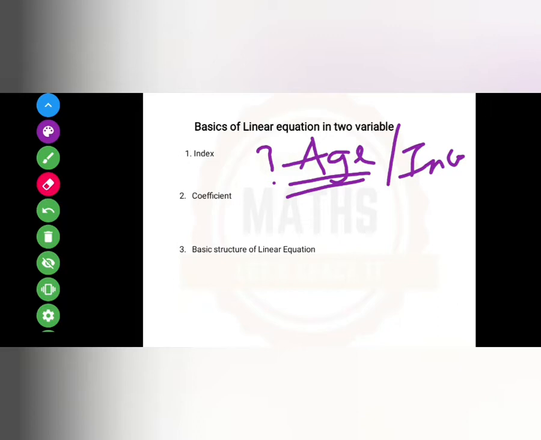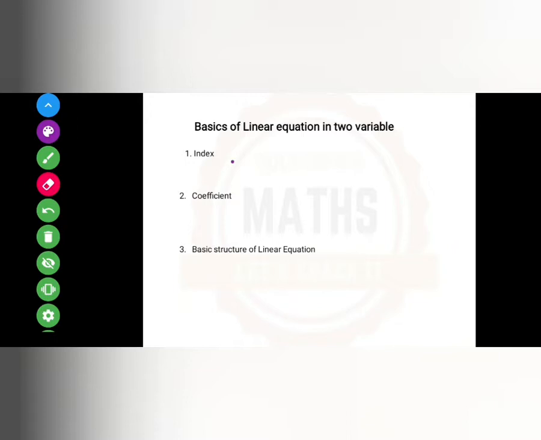And if you are in a business, your income would be sometimes more or sometimes less. Correct? So any quantity which is not stable or static or which goes on increasing or decreasing is called as variable. So here x, y or z is said to be my variable.